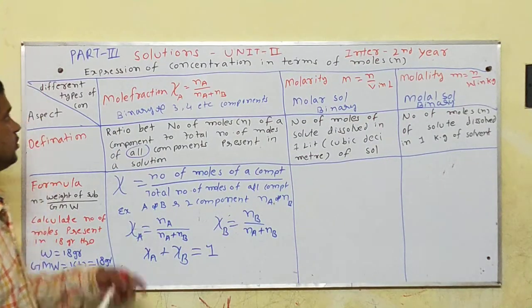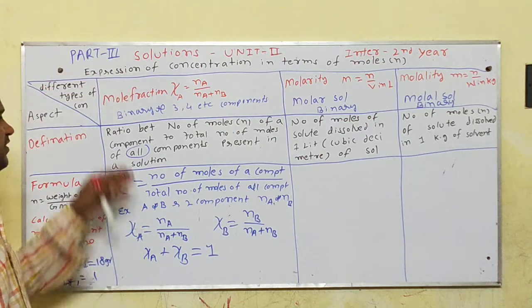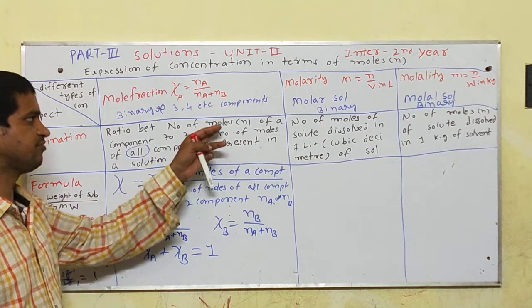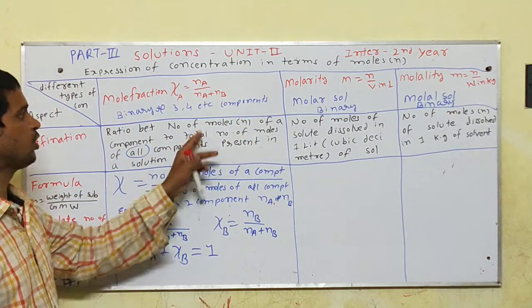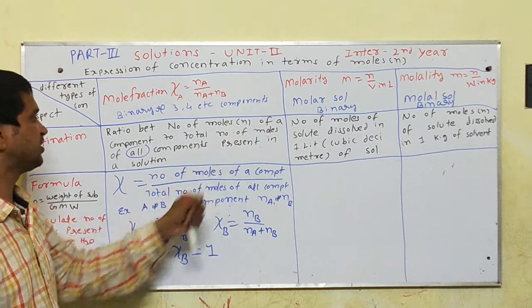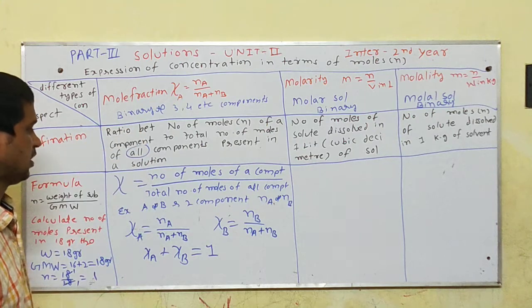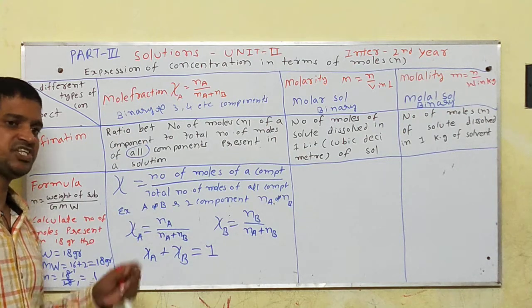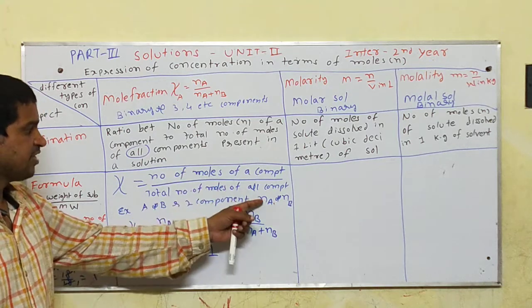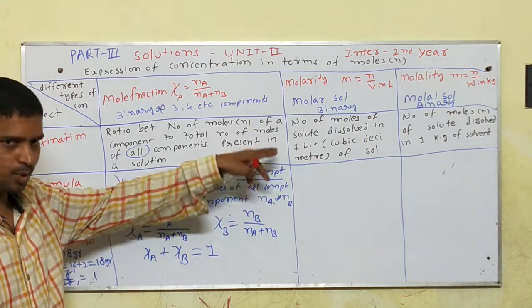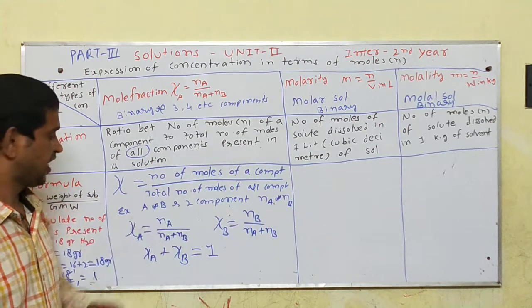So mole fraction is a ratio between the number of moles of a component to the total number of moles of all components present in a solution. I am taking a binary solution in which A and B are the two components, and the moles of A component is Na and the moles of B component is Nb.